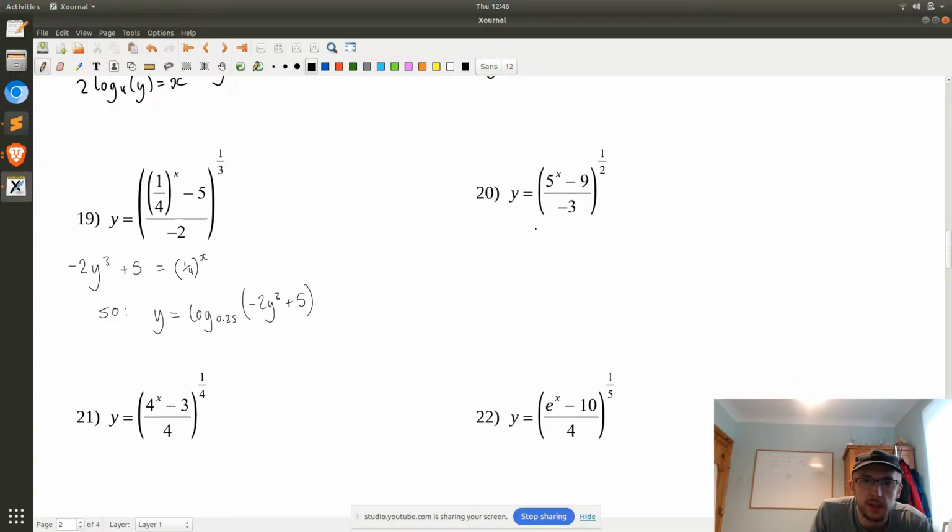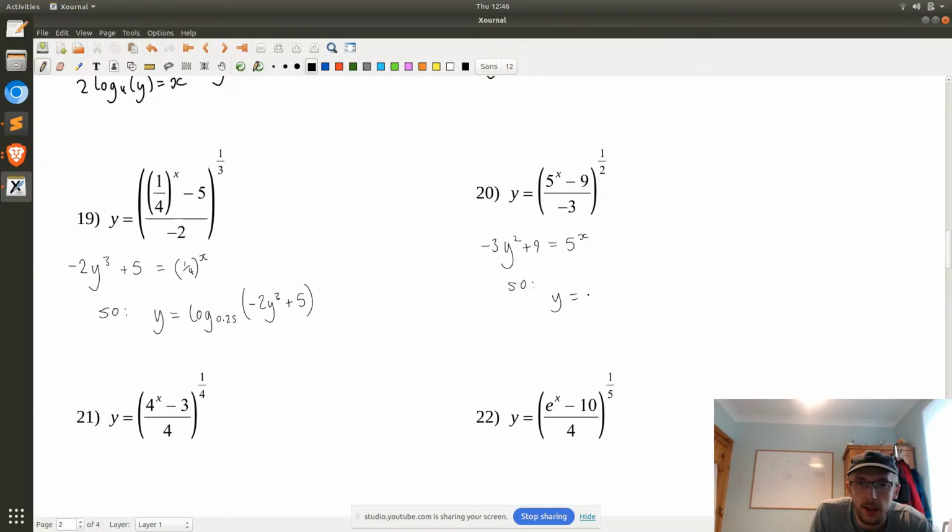Square both sides, multiply both sides by -3, and add 9. Like that. And then do log base 5 of both sides.